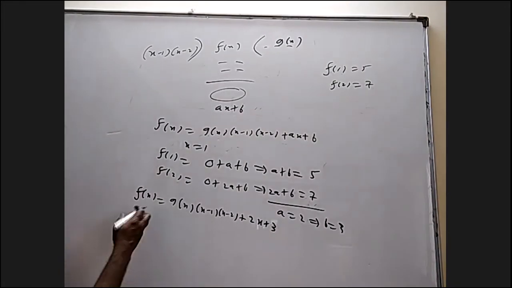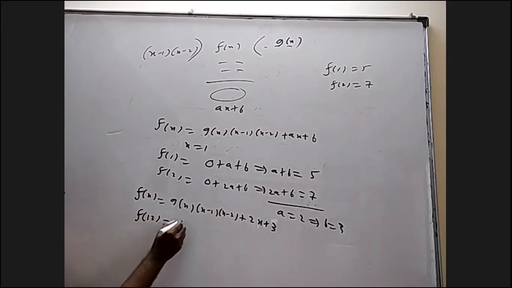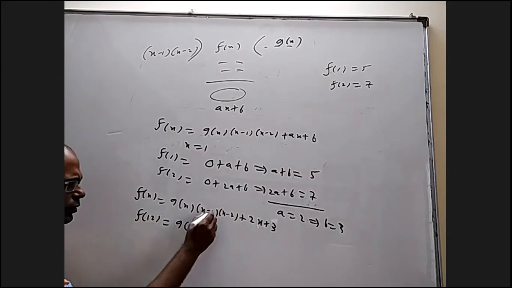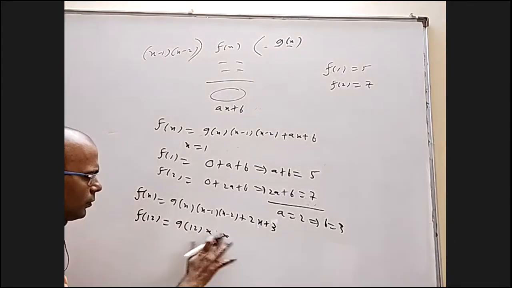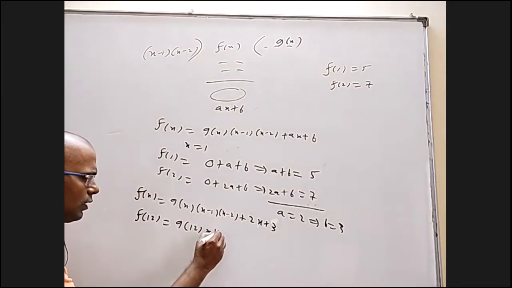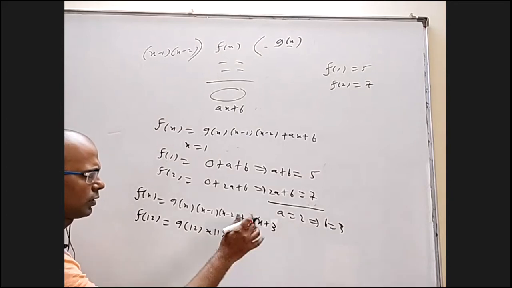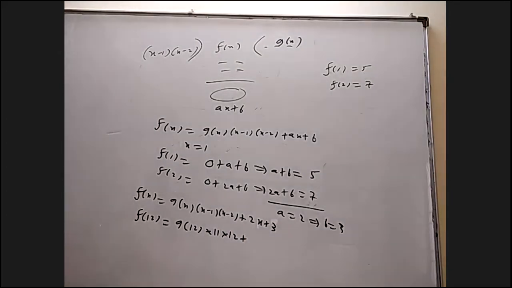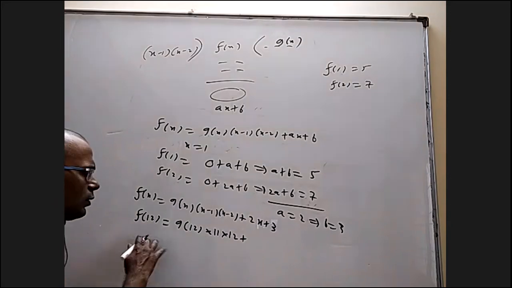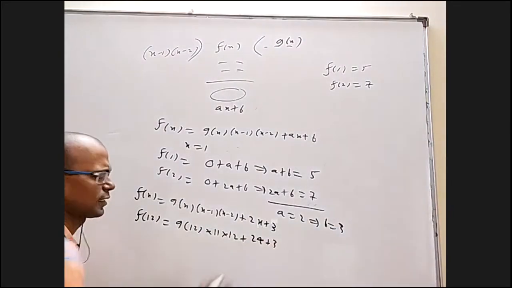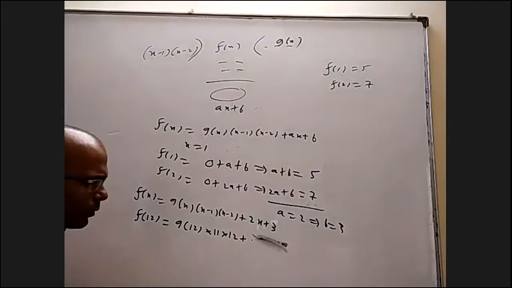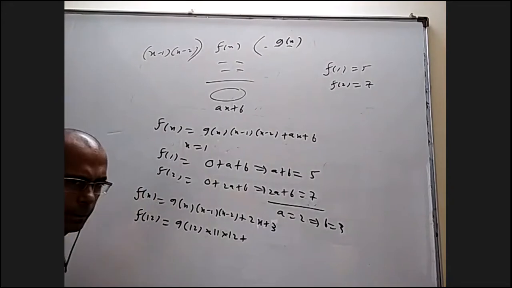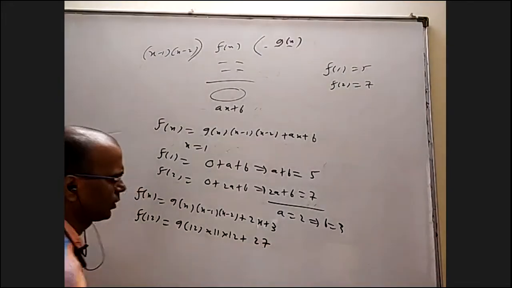So f of 12, when I take, I'll get g of 12 into 11 into 12 plus, there is something wrong here. Just a minute, 24 plus 3, which is 27. Okay, this is all fine.